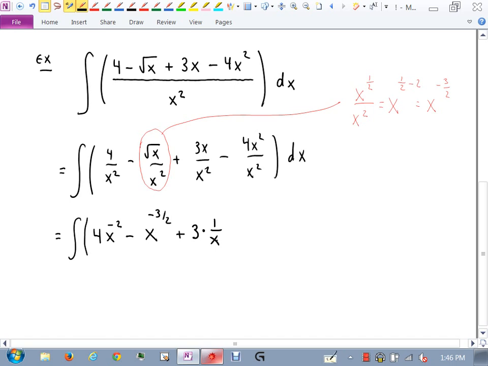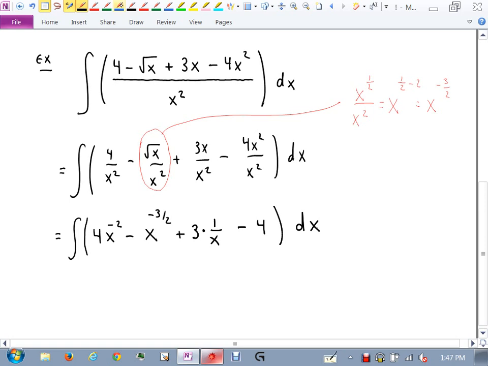So I'm going to leave it like that instead. And then the last one is what? Minus just 4, right? The x squareds cancel, dx. Now you have 1, 2, 3, 4 terms, right? 4 terms.